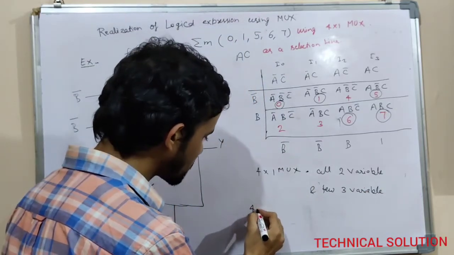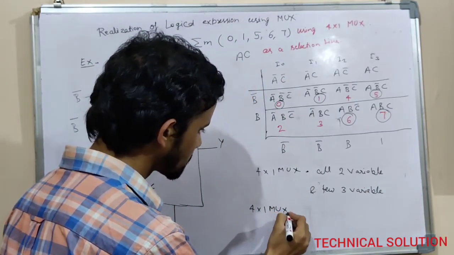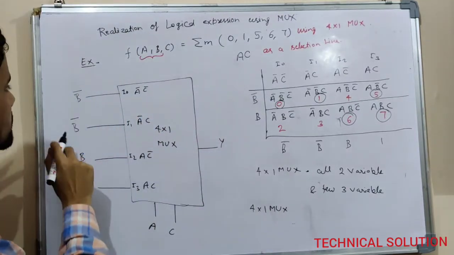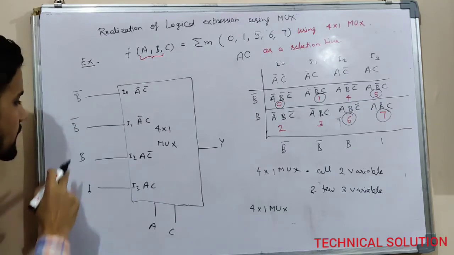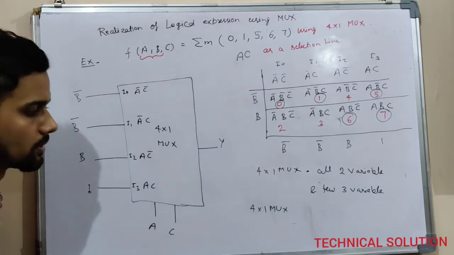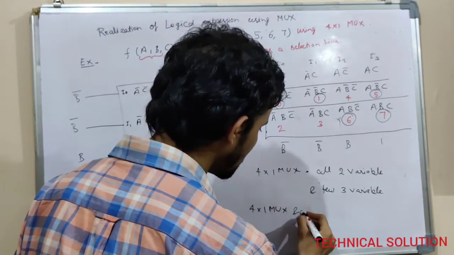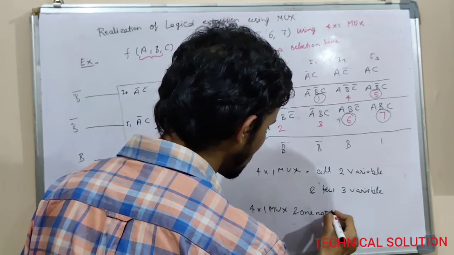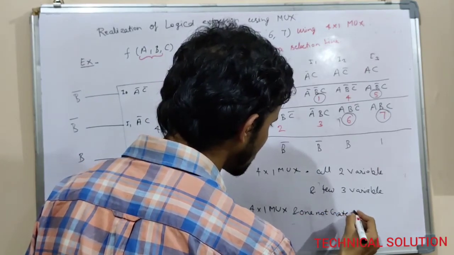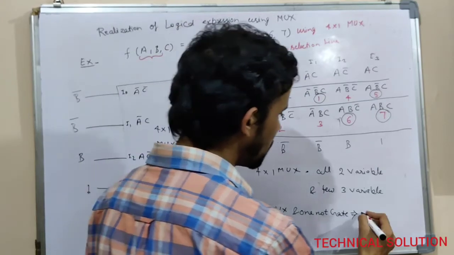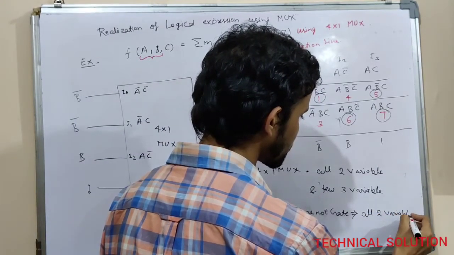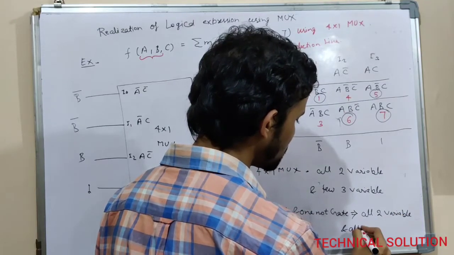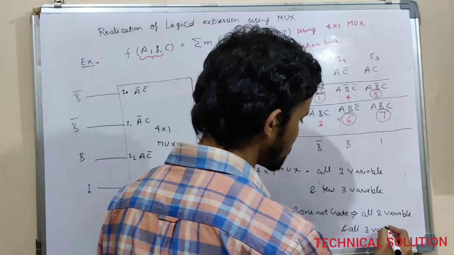But using the 4x1 mux, and this is B bar, that means one NOT gate is required to complement this input. With one NOT gate we can realize all 2 variable and all 3 variable input functions.